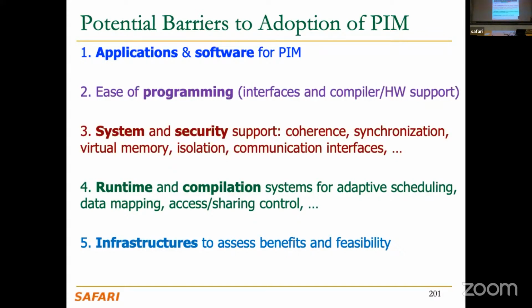How do we have to program these systems, system and security support, runtime and compilation systems, and also infrastructures to assess the benefits and feasibility. For example, the PyDRAM framework that I introduced, or simulators or benchmark suites and many other infrastructures.